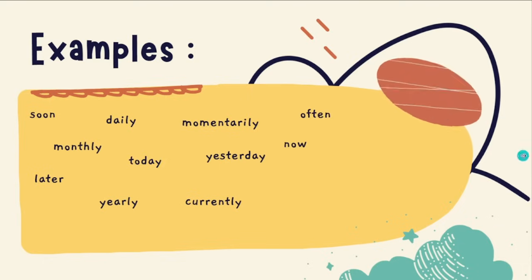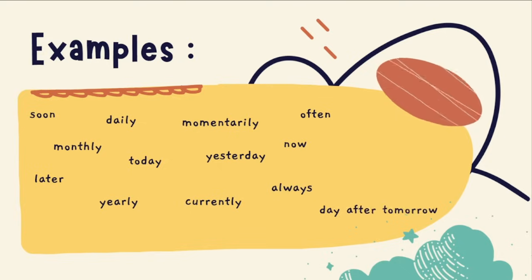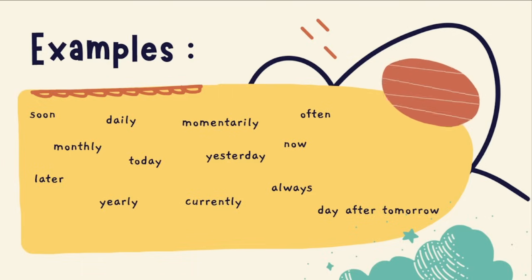See this word often, it has a silent T. We read it as often. And other adverbs of time are now, always, day after tomorrow, and rarely.